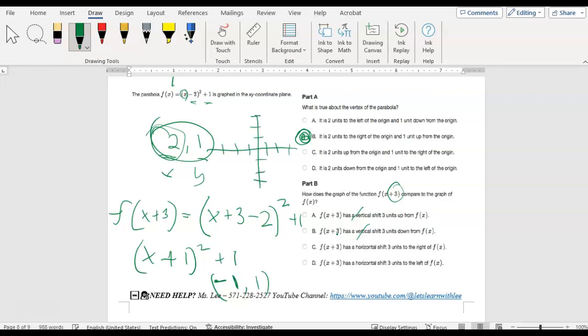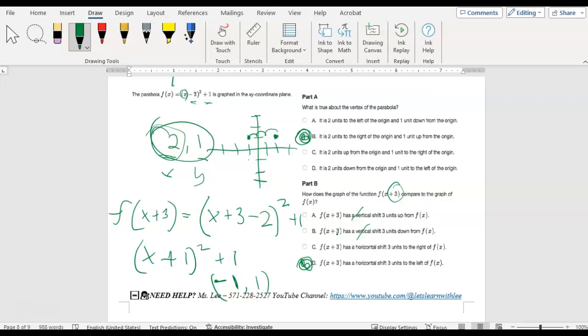Right, so my original vertex is here at 2, 1, and now my new vertex is -1, 1, so it's over here. So I've gone 1, 2, 3. I've shifted 3 units to the left, or translated left 3 units, all right?